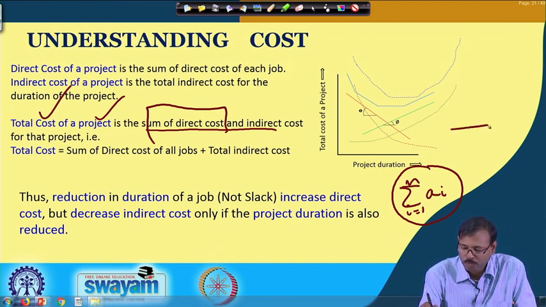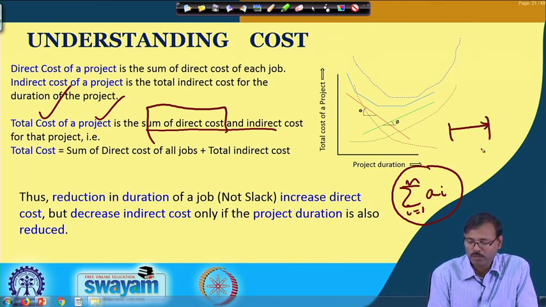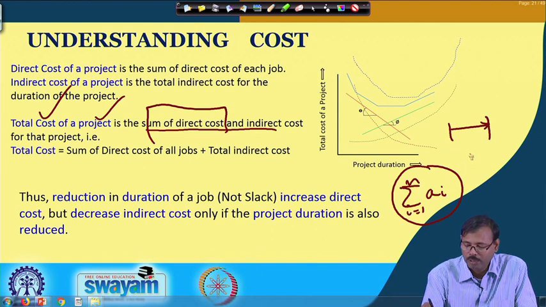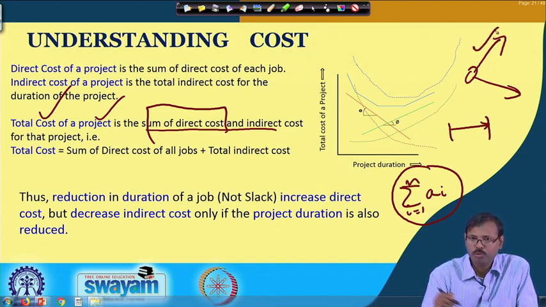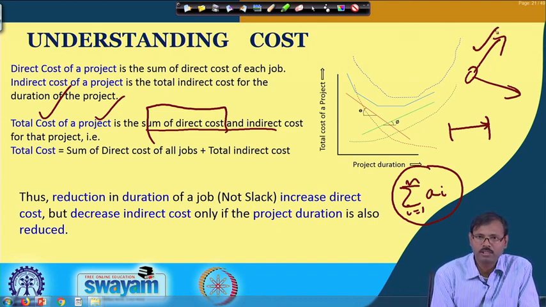The indirect cost of a job is basically related to its duration, but at the same time there may be 2 or 3 jobs operating. That is why the summation of the indirect costs of individual jobs will not give you the indirect cost of the project.